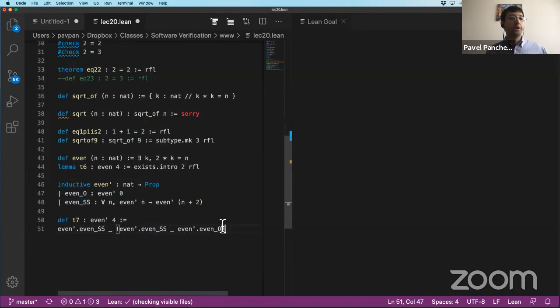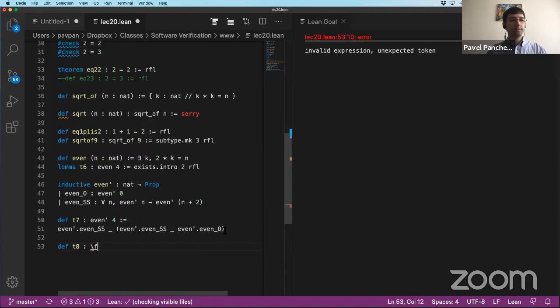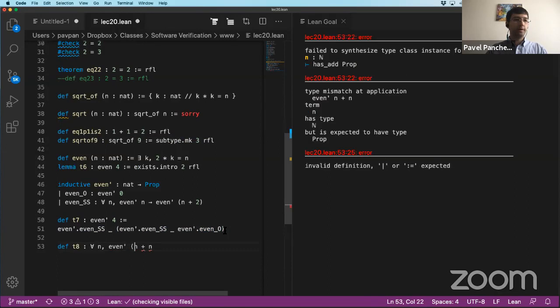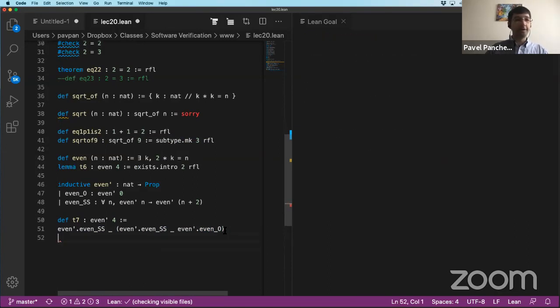So here you can see that this does make it kind of annoying to use for proving facts about specific numbers. But if we wanted to prove, for example, that for all n, n plus n is even, well, actually, let me take questions before I get to that.